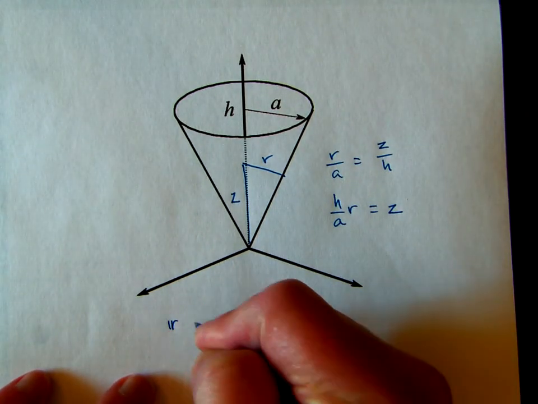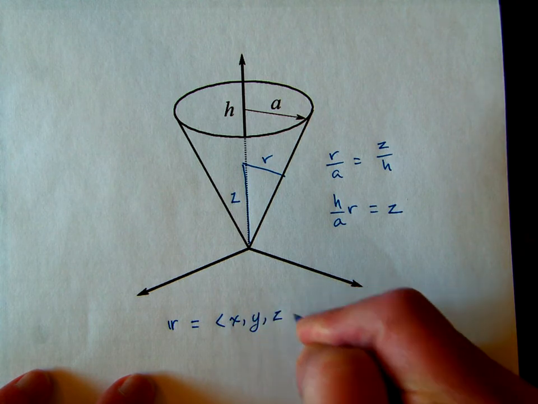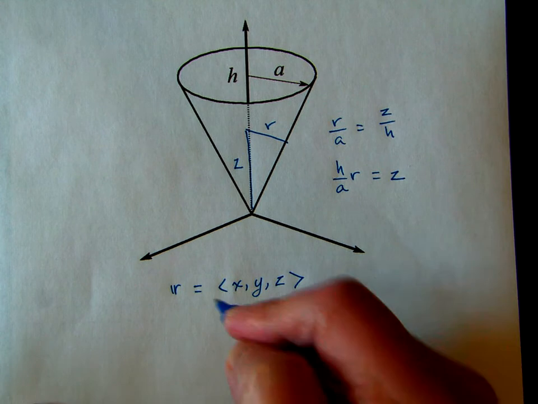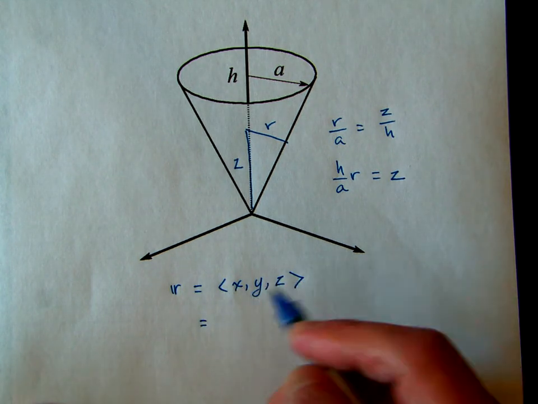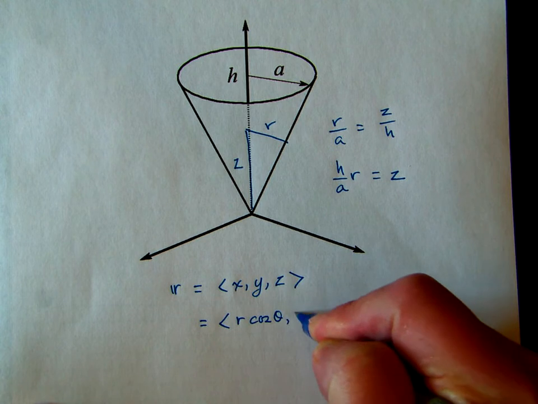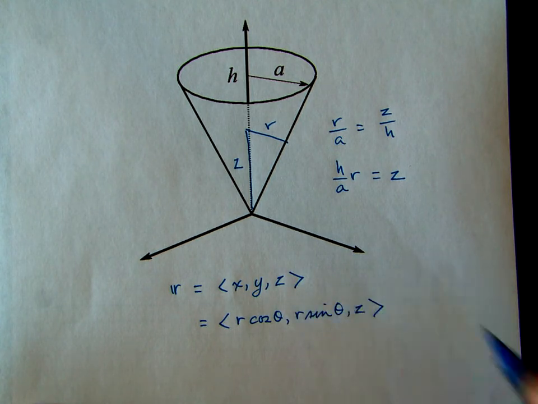Anytime you want to talk about a position vector in space, it's x, y, z. That's always true. Now, if you parameterize this, let's use cylindrical coordinates. That would be r cosine theta, r sine theta, and z.